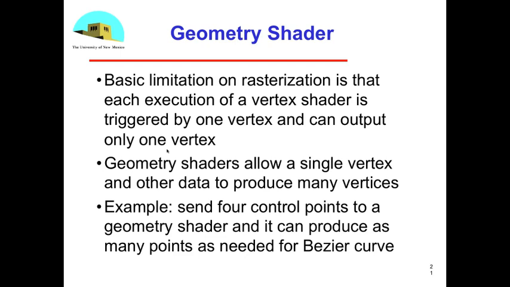But the problem is I can only output a single vertex, so that fails. However, with a geometry shader, we can send over the 4 control points and tell that geometry shader how many vertices I want to produce. So I could put all of the code that we just discussed into a shader, and then that geometry shader will produce as many points as I want, and each one of those will trigger an execution of a vertex shader.